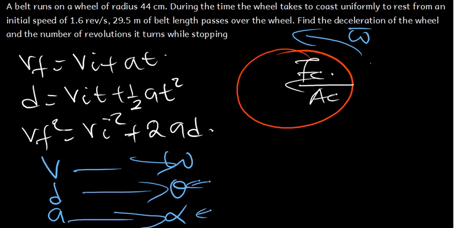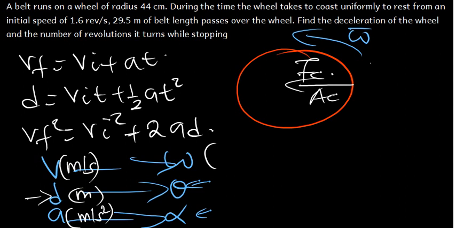The SI unit for linear displacement is meters. The SI unit for linear velocity is meter per second. The SI unit for linear acceleration is meter per second squared. The SI unit for angular velocity is rad per second.